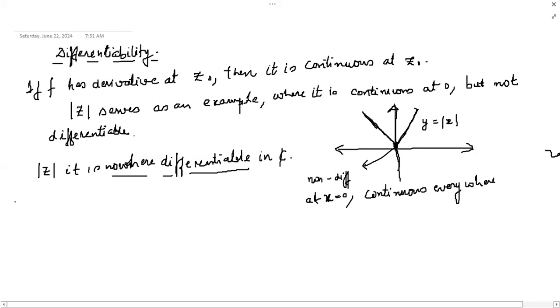Now let us consider how to think about this. So consider f(z) equal to modulus of z, and let us take any point z naught which is non-zero. We've already established that it is non-differentiable at 0.